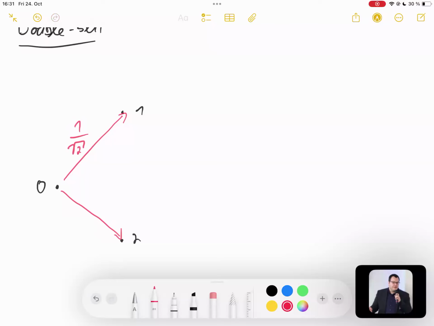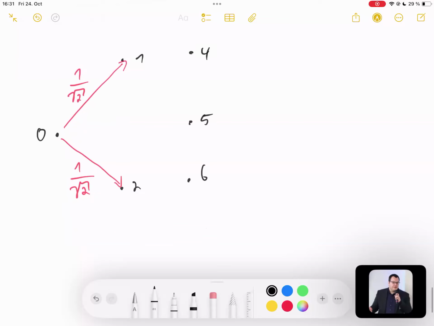So it's 1 divided by the square root of 2 and 1 divided by the square root of 2, because what matters is that the modulus squared would finally add up here to 1, because we want this doubly stochastic matrix, as we've seen before, if I convert the unitary one to a probabilistic one. And then I have, again, these different targets or measuring devices, which are 3, 4, and 5, and 6, and 7. And in there, we have our loops.